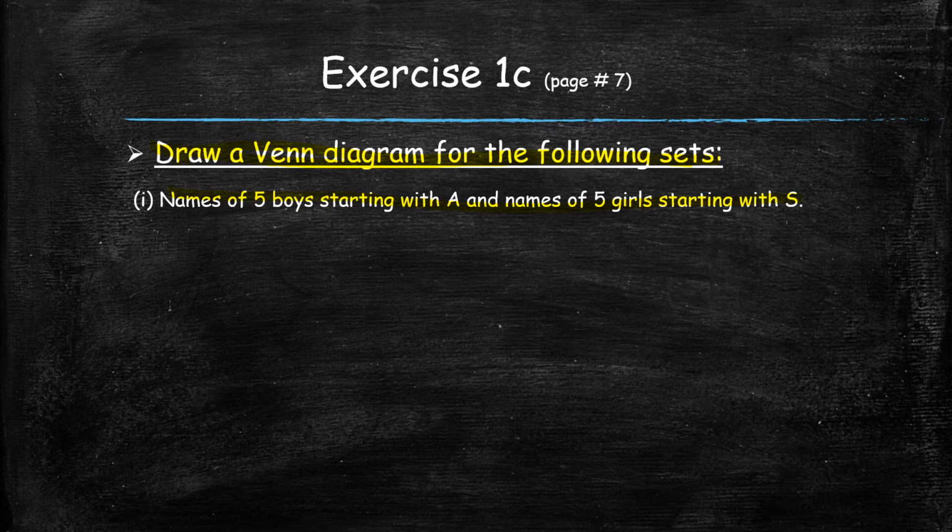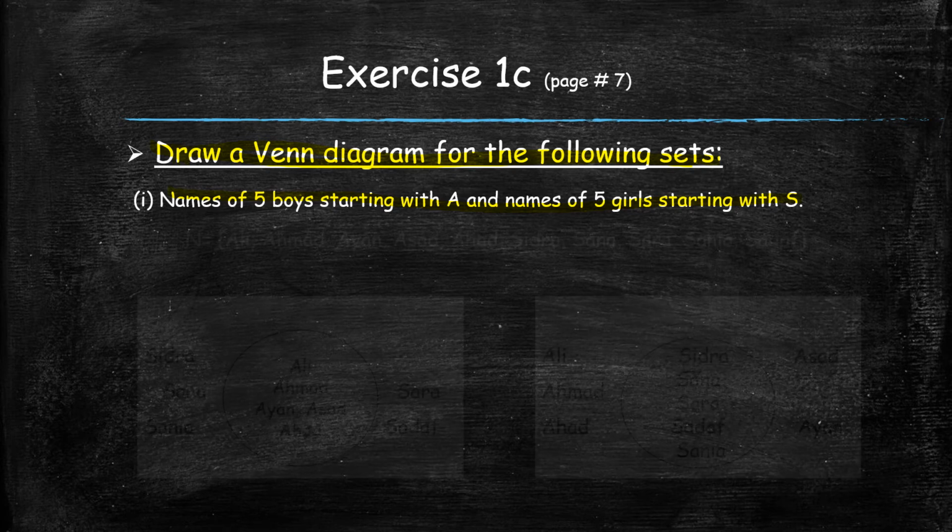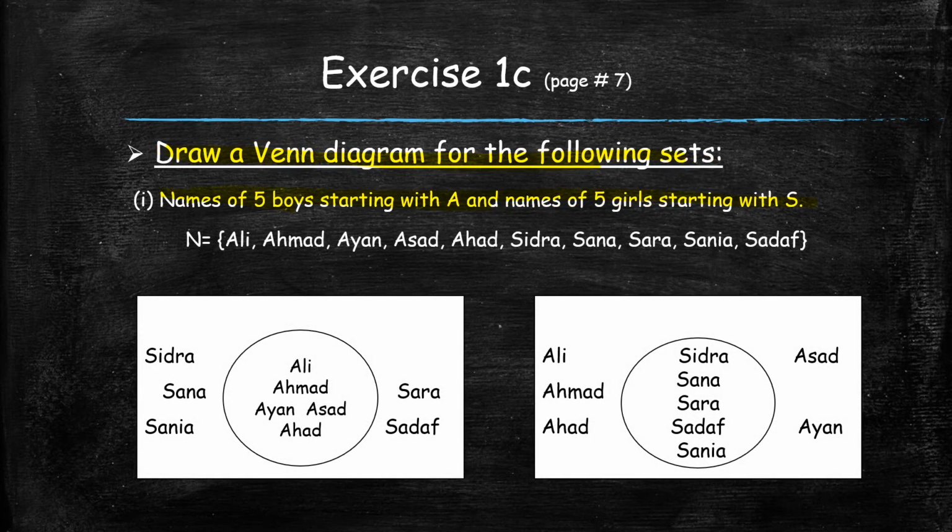Now there are two ways to make a Venn diagram. We can either make two, or we can show these two sets in one diagram. Let's see. So this set, I have named it with capital letter N, and I have written 5 names of boys starting with A and 5 names of girls starting with S. I have taken these names randomly.